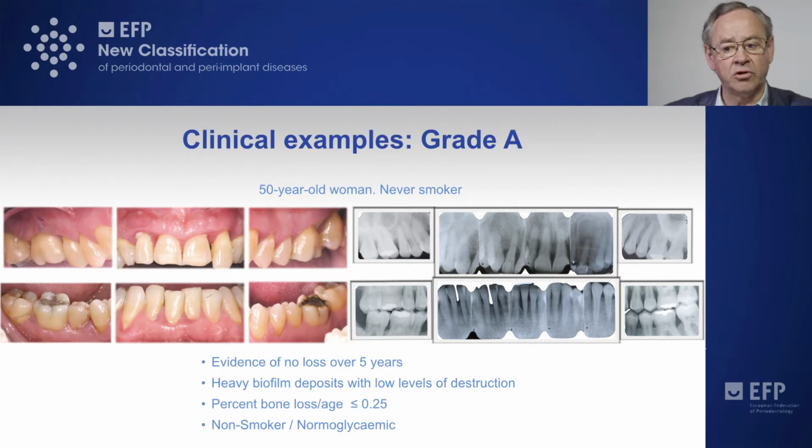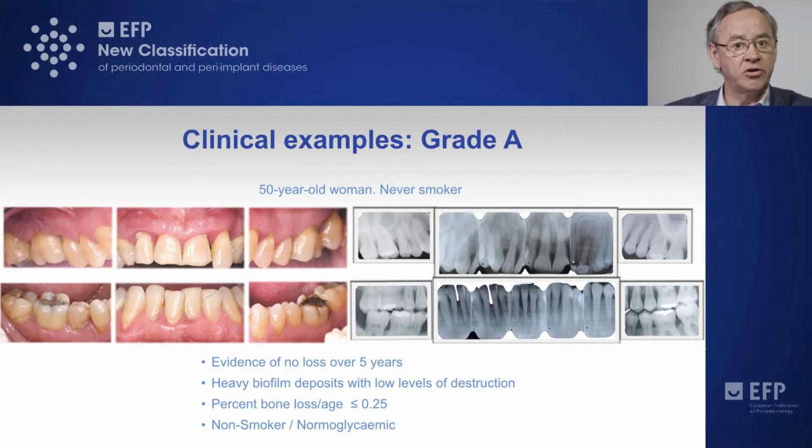This patient also has the typical phenotype of having very heavy biofilm deposits, lots of plaque and calculus, with moderate levels of destruction. And if we calculated the bone loss to age ratio, this would be less than 0.25.